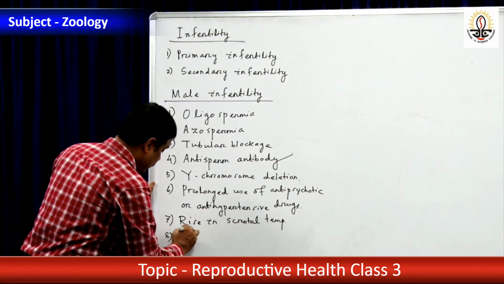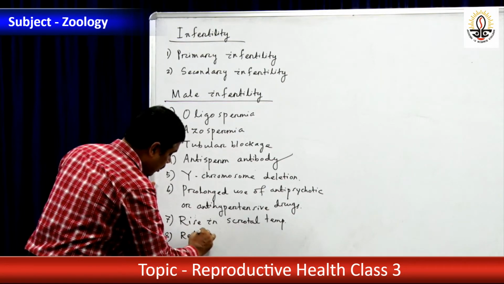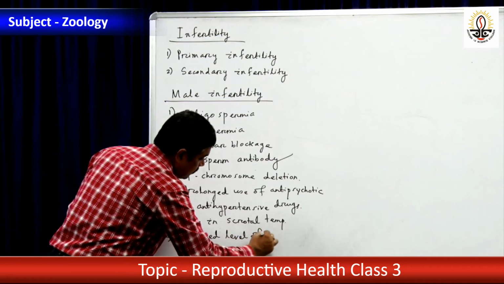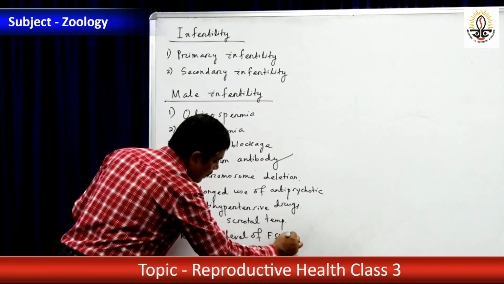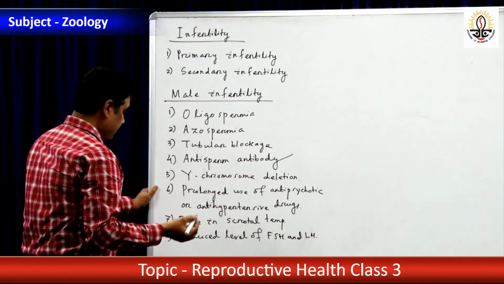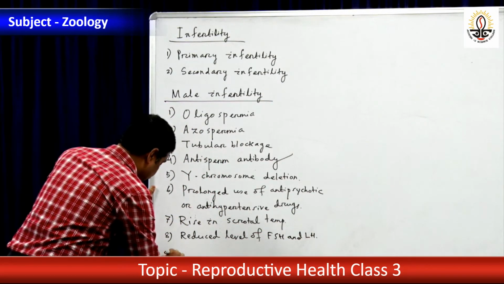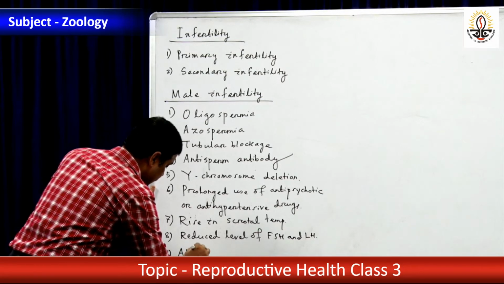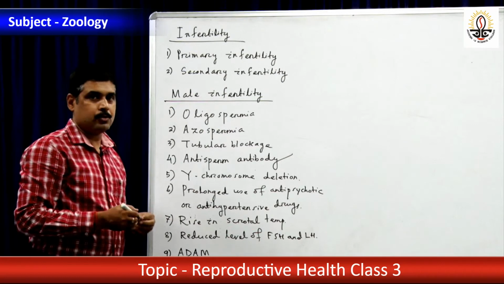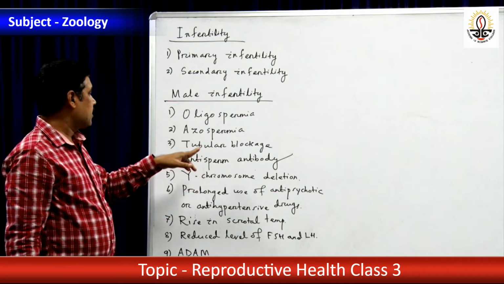Another one, reduced level of FSH and LH, you can say gonadotrophin. Okay, ADAM, androgen deficiency in aging male, because of the deficiency of androgen. So many reasons are there.